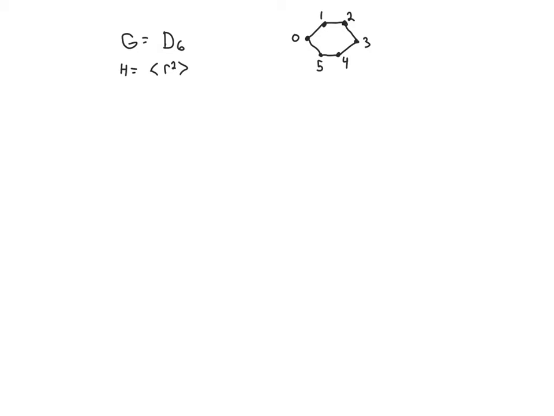So when you do a 120-degree rotation, 0 goes to 2, 2 goes to 4, and 4 goes back to 0. And likewise, 1 goes to 3, 3 goes to 5, and 5 goes back to 1. And so there's the cycle decomposition for that permutation.